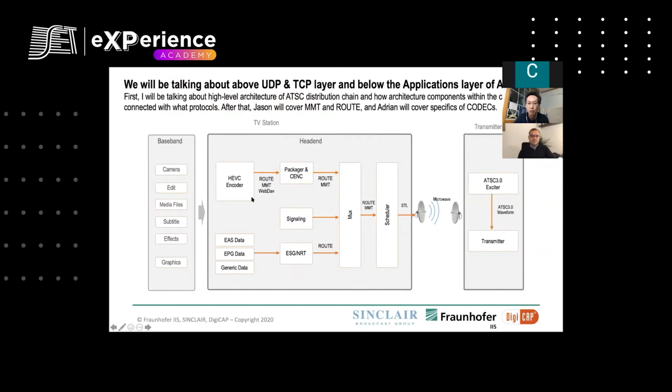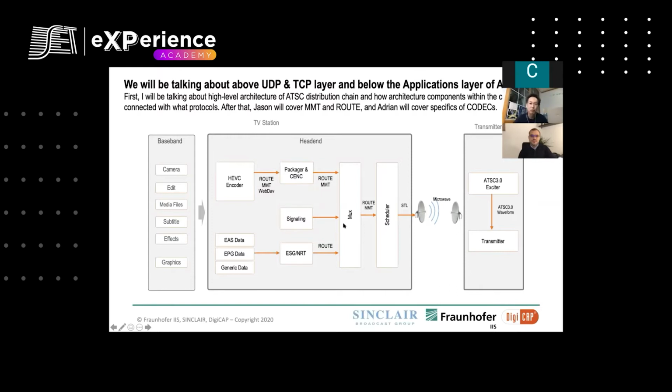Of course, the encoders are connected to the packager and common encryption, typically. The encoders drop the media in the form of MPEG-DASH, and usually it goes over the WebDAV protocol and feeds into the packager and the common encryption, or the encoders provide the MMT segments to the packager and the common encryption. Then we add the signaling.